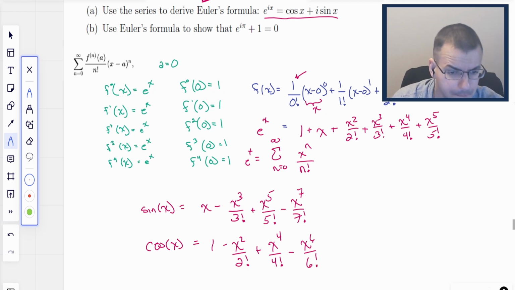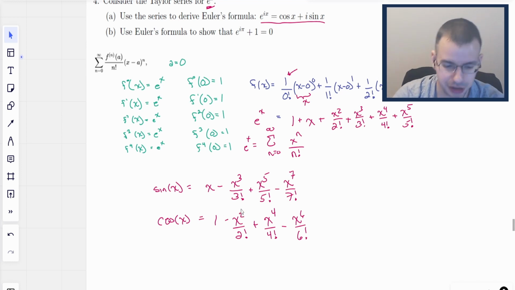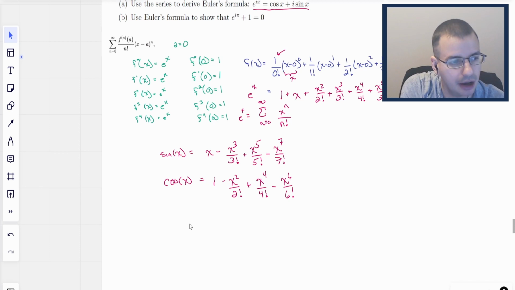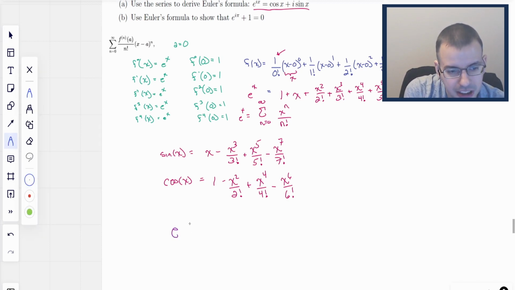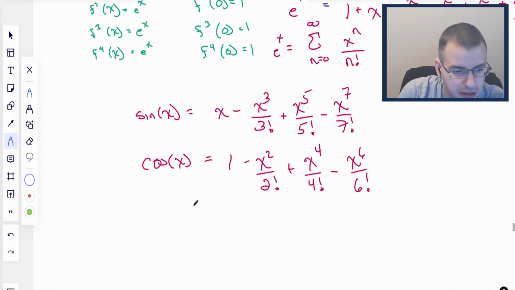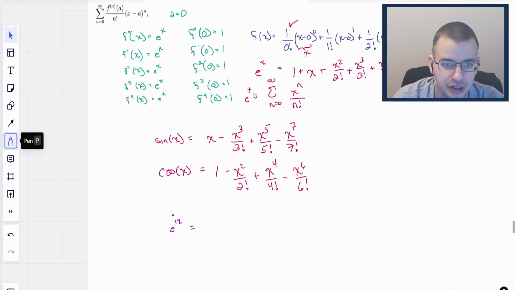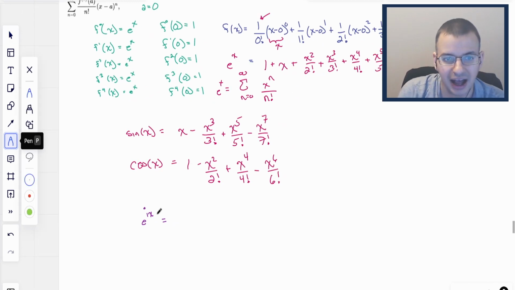Okay. So now we have the three Taylor series we're going to use: e to the x, sine of x, cosine of x. We write out our function e to the ix in terms of our Taylor series. What we're going to do is take the e to the x series and replace x with ix.